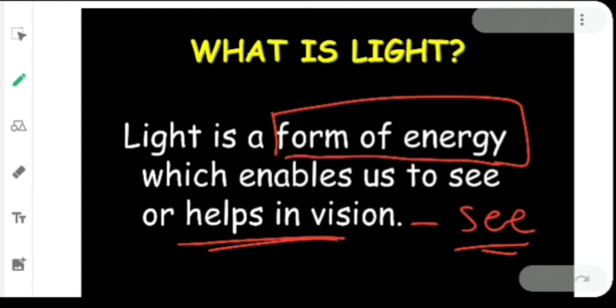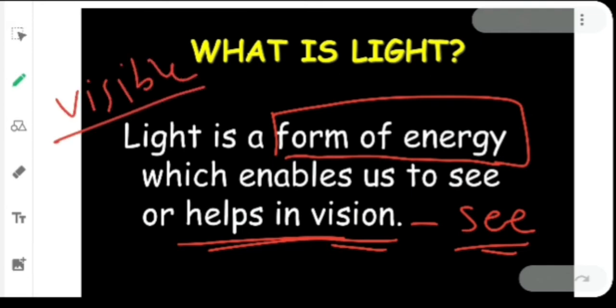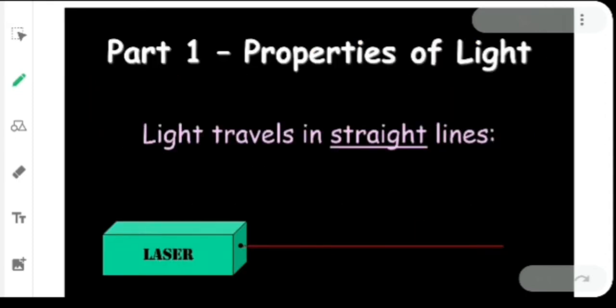The objects in nature are visible to our eyes, and this we call visibility. The objects are visible to our eyes due to light only. So let us move to the next one.